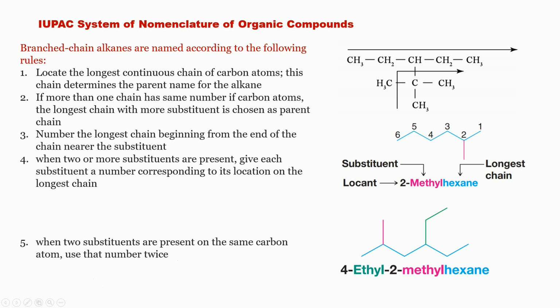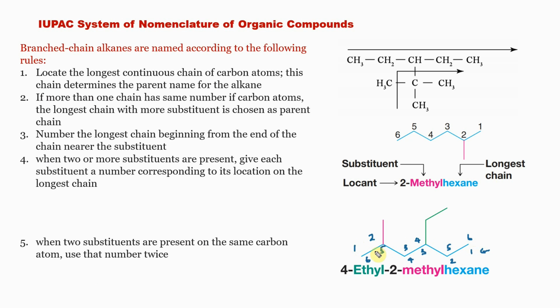Now when you look at the competition here, these are extremely good examples. The blue is the longest chain. I can have 1, 2, 3, 4, 5, 6, or I can go this way, 1, 2, 3, 4, 5, 6.